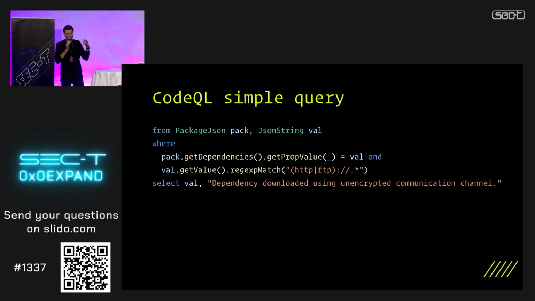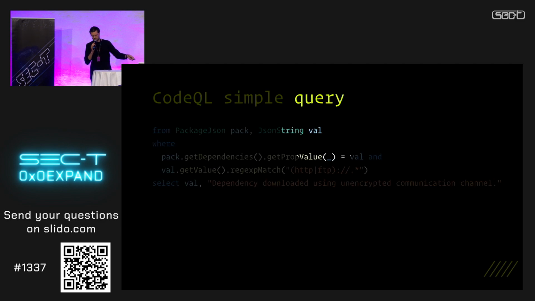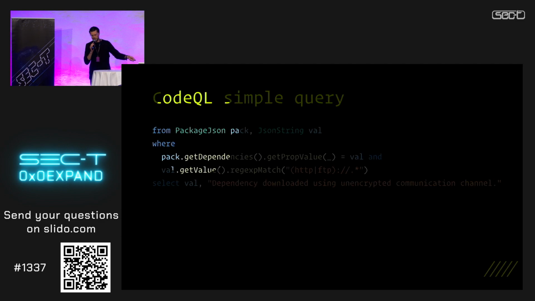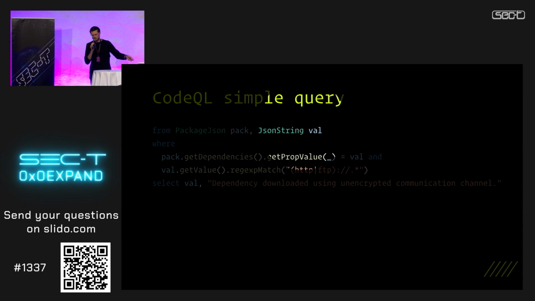To give you some intuition of what a query looks like, I want to show this simple example of a query in the CodeQL language. You can see the triple of keywords: from, where, select. On the first line, you describe what data you want to take from the database.